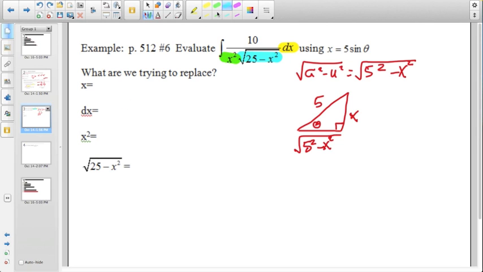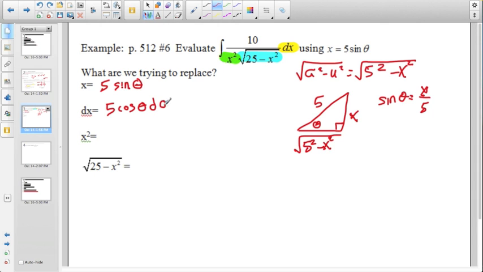We start with our definition of x: we take the sine expression from SohCahToa and solve it for x. So x is 5 times sine theta. Then we can differentiate that: the derivative of 5 times sine theta is 5 cosine theta d theta.